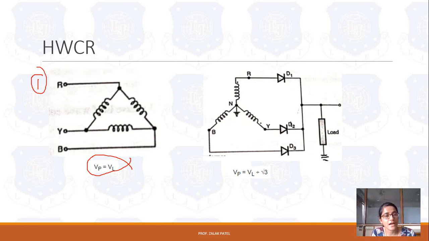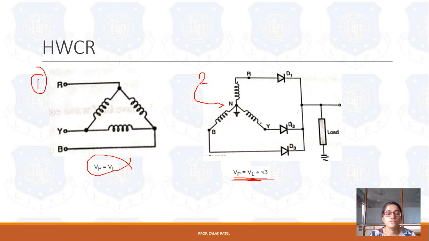This second figure is of the star connection. In the star connection you can see that three diodes are connected and the load is across it. In star connection, the phase voltage is equal to the line voltage divided by √3, but the phase current and line current are almost equal.